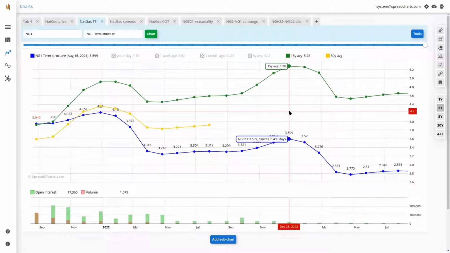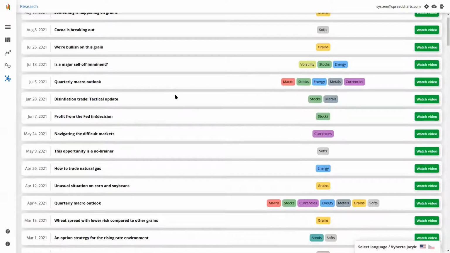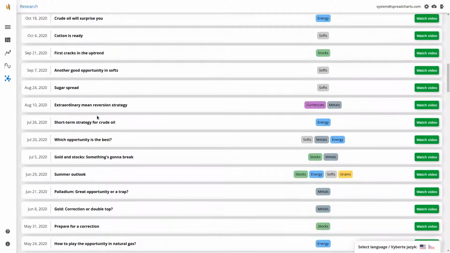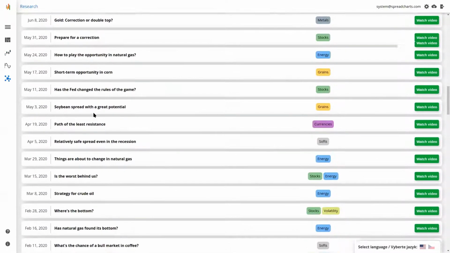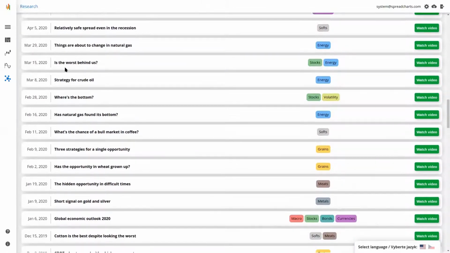But the bullish momentum was building for a long time. In fact, we have been bullish about Nat Gas for some time. For example, in our research, back at the beginning of 2020, I guess it was in March, we released an analysis about the things that are about to change in Nat Gas.